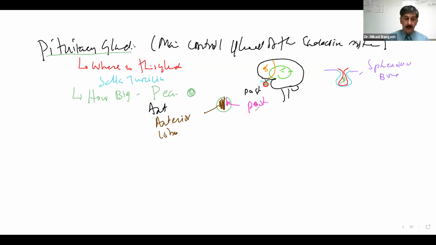It is divided into two small lobes. What are the hormones produced by the posterior lobe of the pituitary gland, and what are the hormones produced by the anterior lobe?